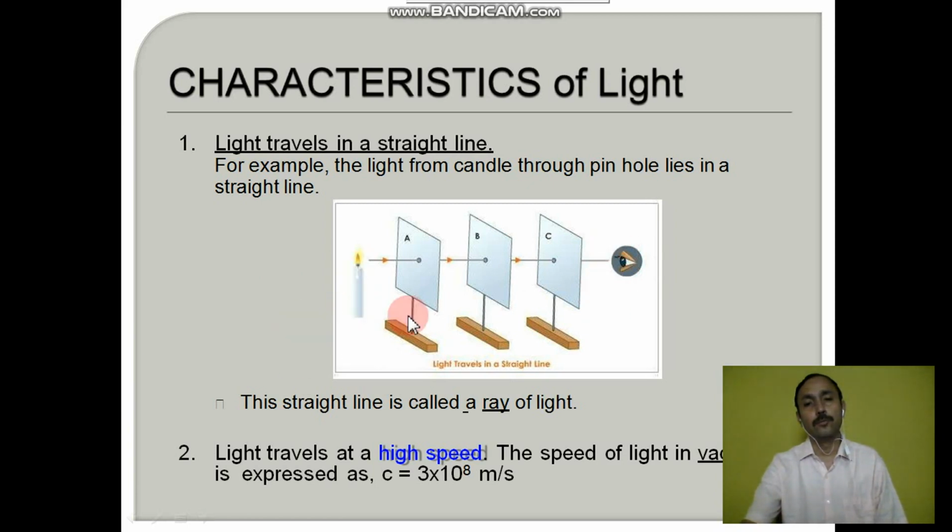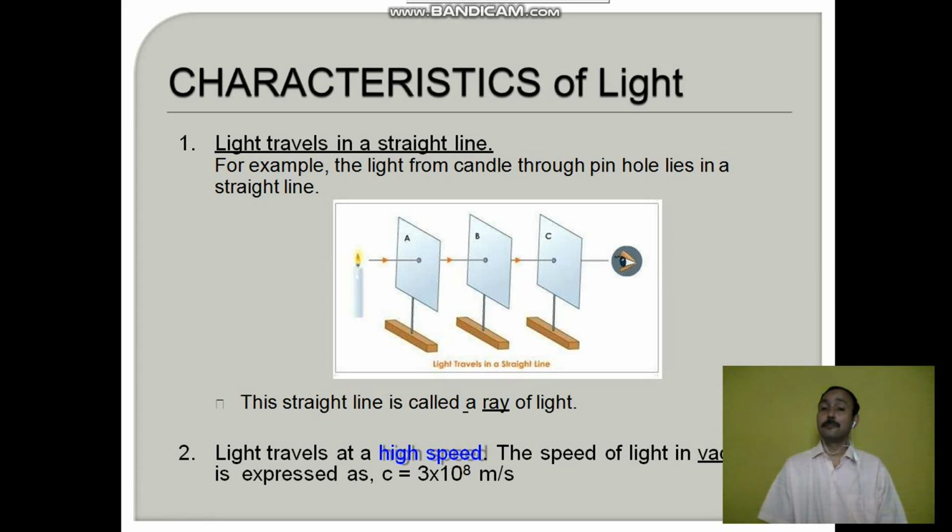If the candle is moved, or the alignment of the cardboards is changed, we cannot see the light from this position. So this is the example that light moves in a straight line. This straight line is called a ray of light.